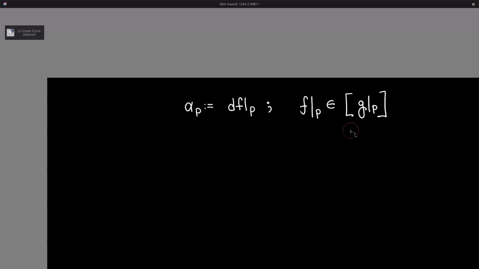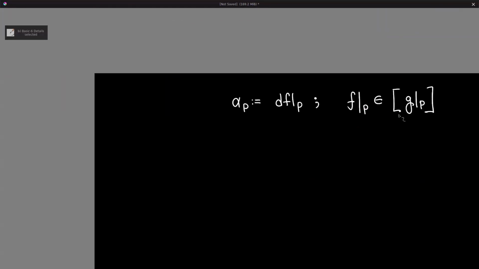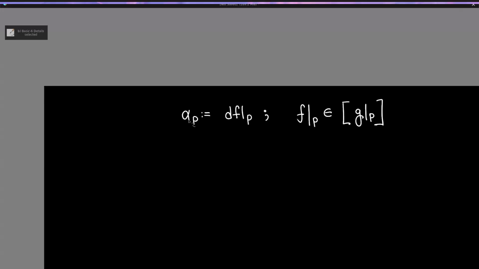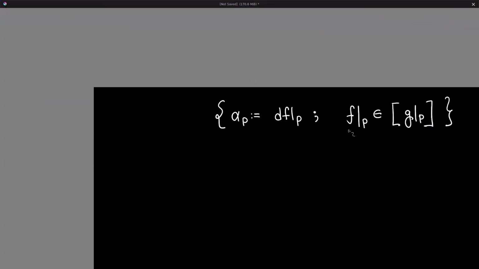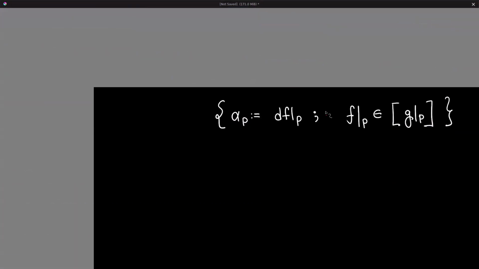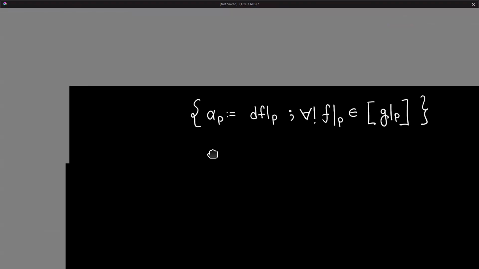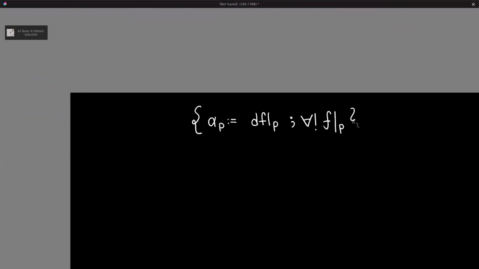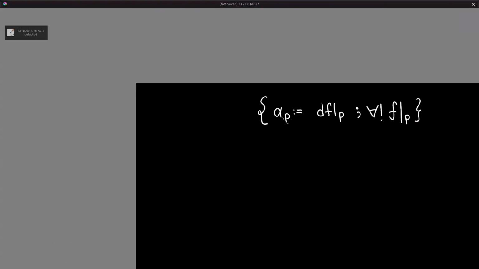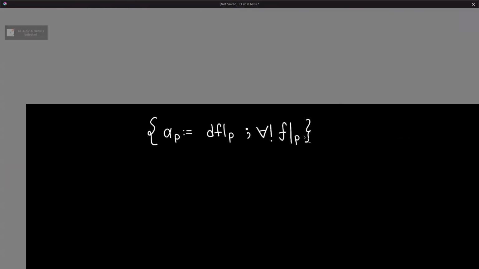Right. So this is a covector, and if we take the set of all of these, so for all unique fp, well, I don't know if this is an actual symbol, but okay, I think that it's better if we write it like this.